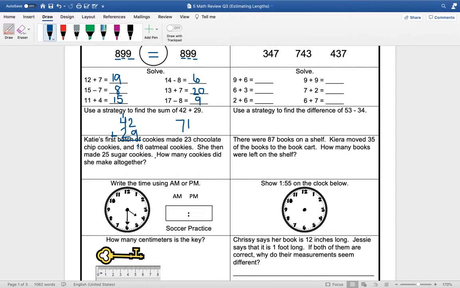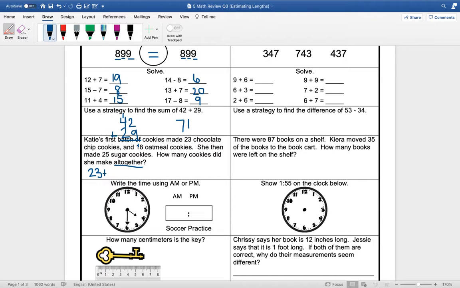All right, Katie's word problem. Katie's first batch of cookies made 23 chocolate chip cookies and 18 oatmeal cookies. She then made 25 sugar cookies. How many cookies did she make all together? All right, so she made 23 chocolate chip. So we're going to start with 23. So remember, if we see all together, this means that we're going to be adding.